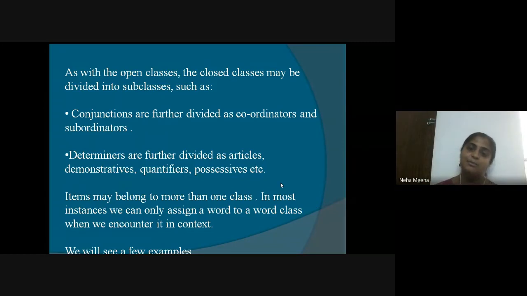As in the previous class, when we talk about determiners, determiners are a bigger category, and the subdivision is articles, and those articles are divided into indefinite and definite articles. Now the division that we are doing within articles is something different from what we are talking about today.